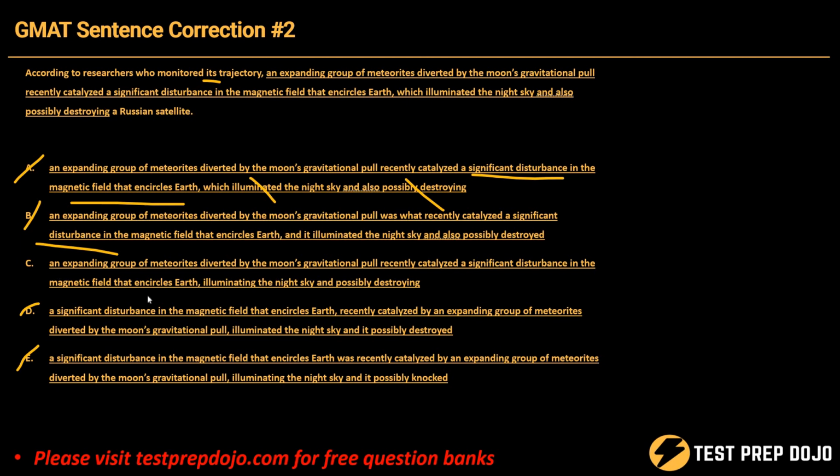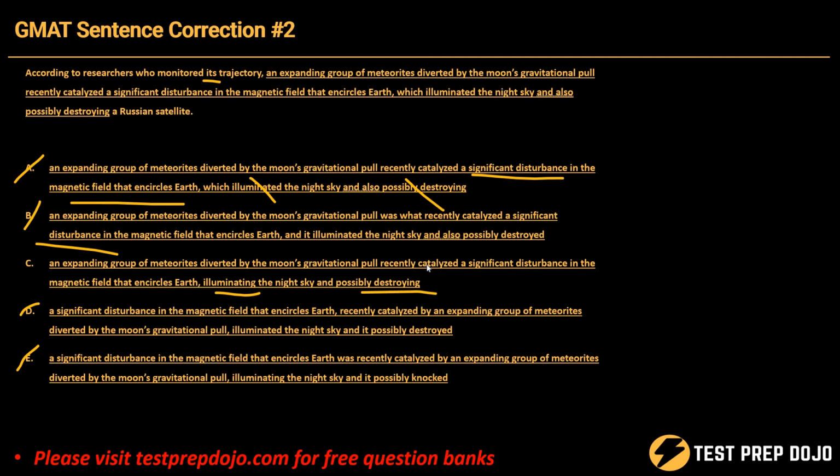So then finally we have an expanding group of meteorites diverted by the moon's gravitational pull recently catalyzed. That is the type of language preferred by the GMAT, so that works. Illuminating and possibly destroying are in parallel, so that's elegant, concise, that's exactly in the language of the GMAT, so we like that. And also, there's this element of contemporaneous occurrence.